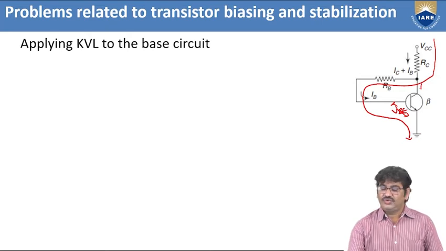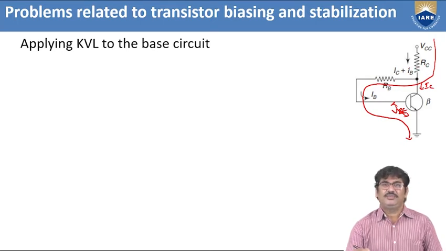The current flowing through the collector is IC. RC is joining these two branches, so the sum of these two currents flows through RC, that is IC plus IB. The KVL expression for the input circuit is VCC is equivalent to (IC plus IB) into RC plus IB into RB plus VBE.